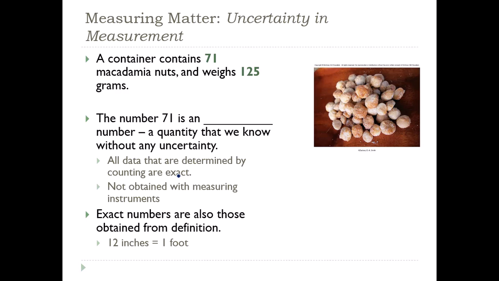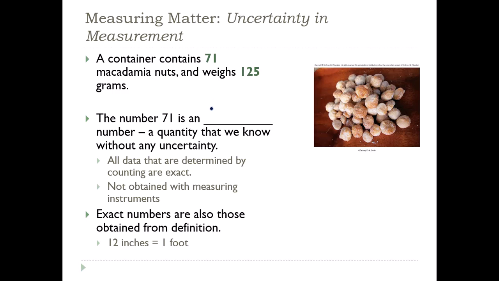So a container contains 71 macadamia nuts and weighs 125 grams. So even though both of these values are numbers, one of these values is exact and the other is inexact. And so the number 71 is, well, what do you think it is? So pause it, think about it.